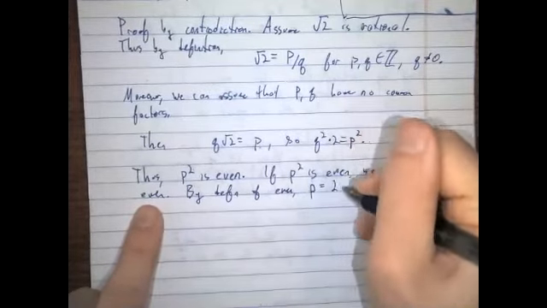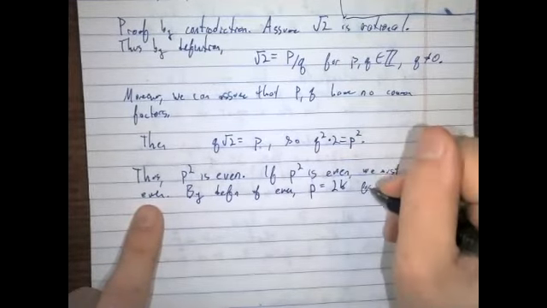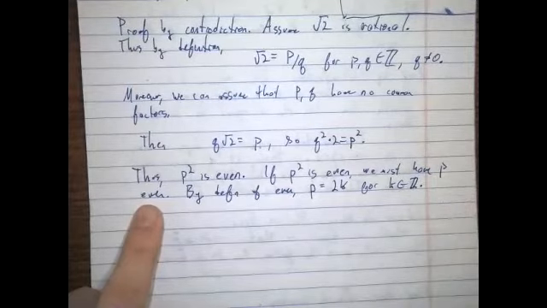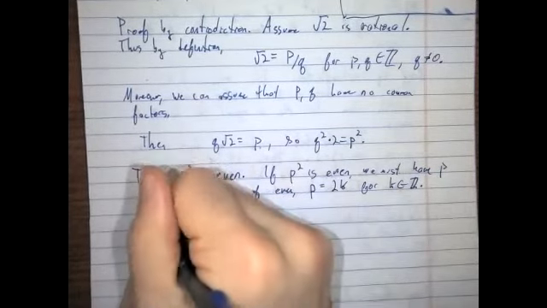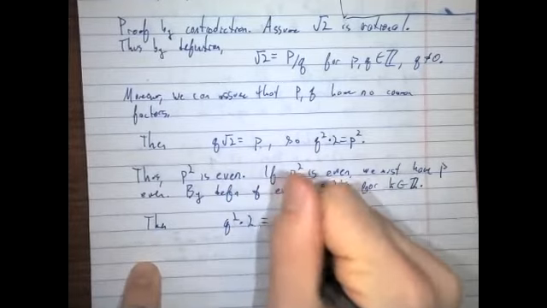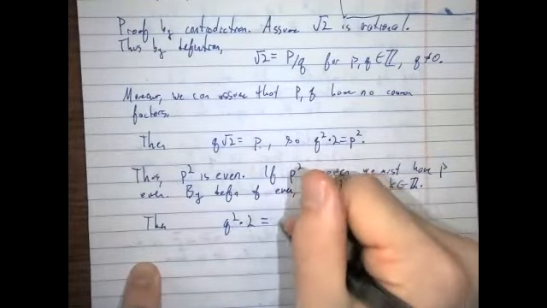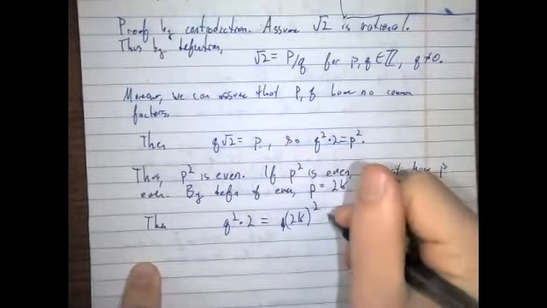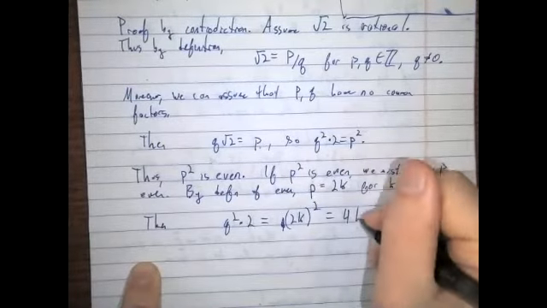P is equal to 2k for k in Z. Great. So then we have Q squared times 2 is equal to 2k squared, which is equal to 4k squared.